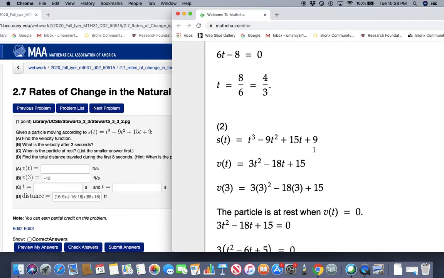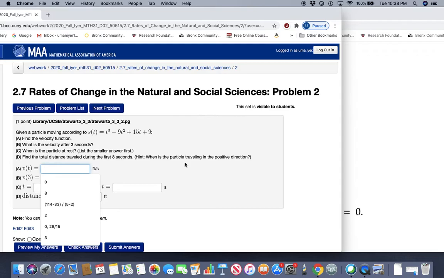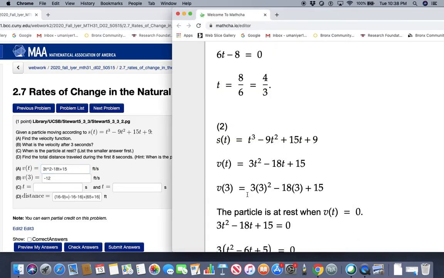Here is your position. Part A is find the velocity. Velocity is simply the derivative of position. So 3t squared minus 18t plus 15. All right, that's the velocity function. The question is, what is the velocity when t is 3 seconds? Substitute t equals 3.